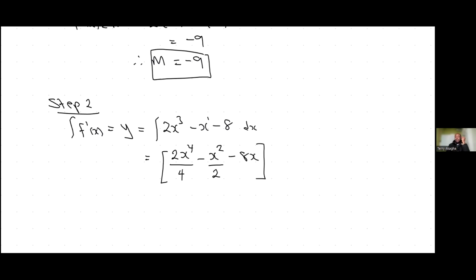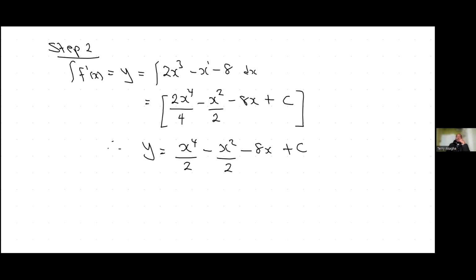Now, in this case, because it's an indefinite integral, you need to add what? You need to add c. So you can now break this down. Therefore, y will be equal to x^4 over 2, because 2 can divide here, minus x squared over 2 minus 8x plus c.